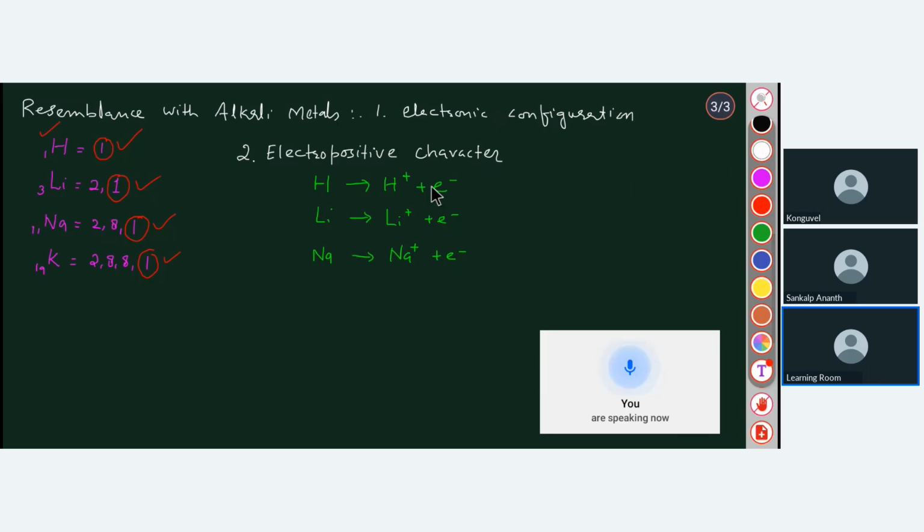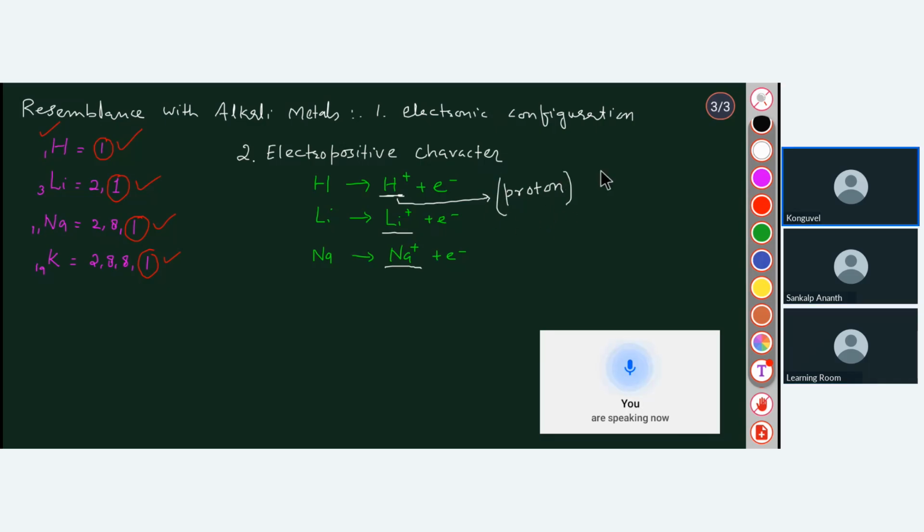Now can you tell me what this H positive is known as? I have already told you its name. Yes, sir, it's called a procation. Yeah, it is a cation. Li positive is also a cation, Na positive is also a cation, but H positive has a special name. What is there left when it has lost its electron? There is the proton, so that's why it is known simply as proton.